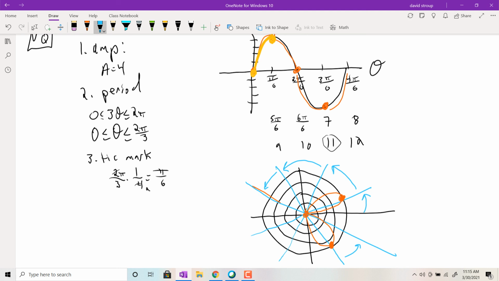Seems like I already did 4 pi over 6 to 5 pi over 6. So what the heck is going on? What did I do wrong? Well, I went from 3 pi over 6 to 4 pi over 6, sorry, that's right here. So what I did was I skipped 1.